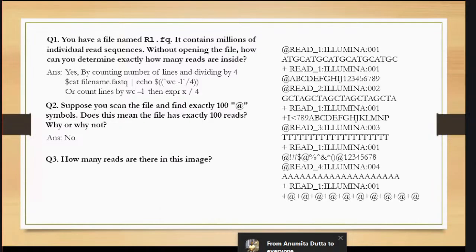Now the next question: how many reads are there in this image? If you see this file, how many reads are there in this image? Can you tell me?